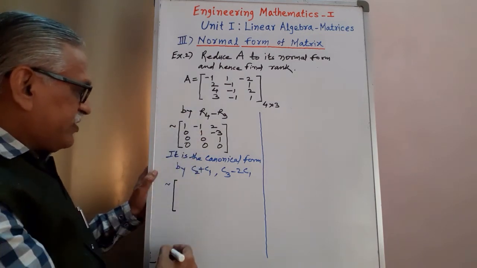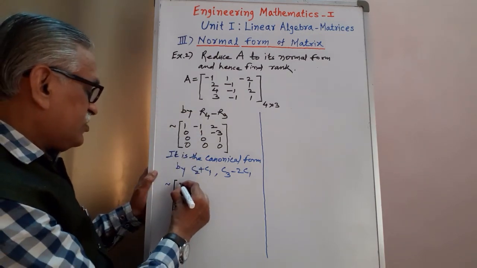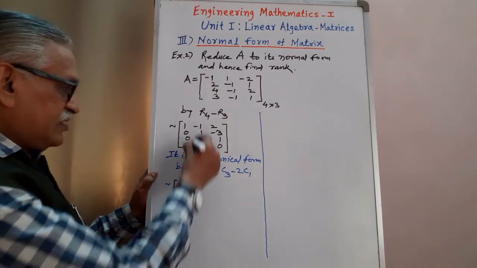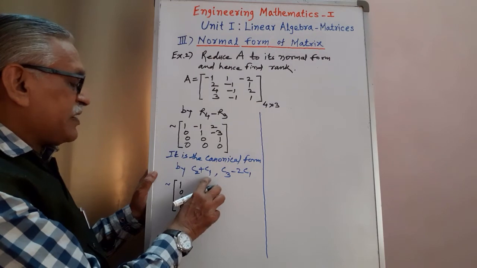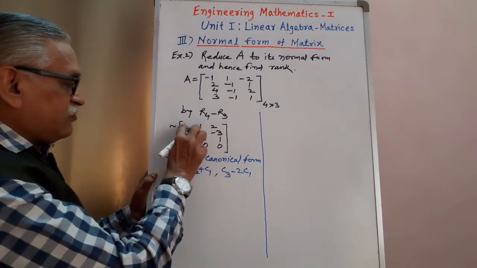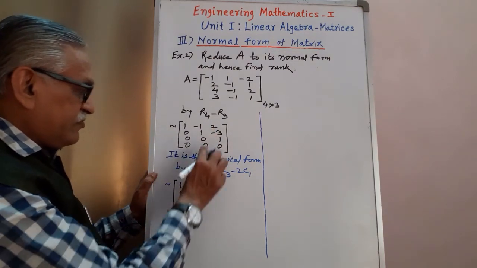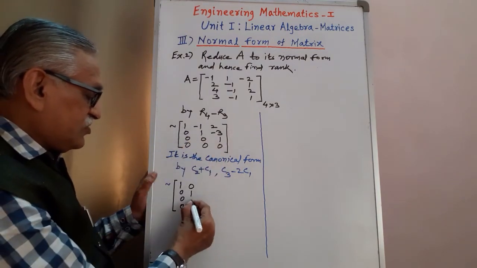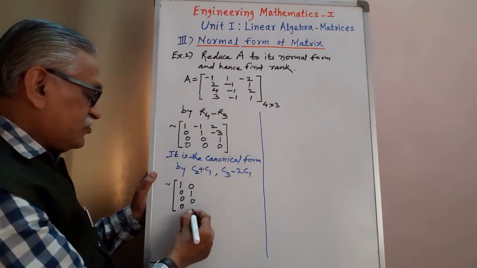I will write down column wise. First column no change, 1 0 0 0. Second changes by C2 plus C1: minus 1 plus 1 we get 0, 1 plus 0, 1, 0 plus 0 and 0 plus 0.